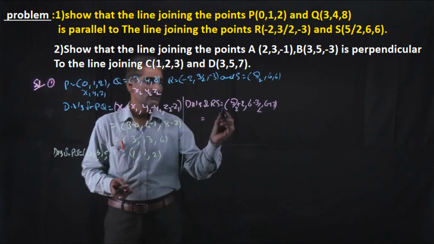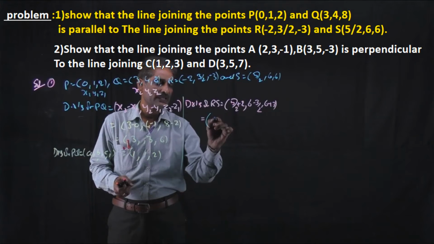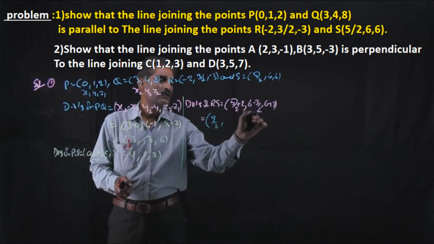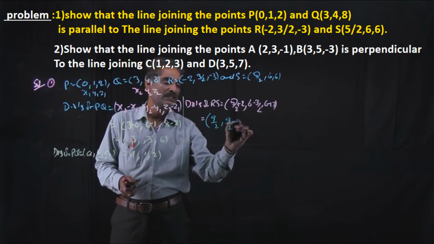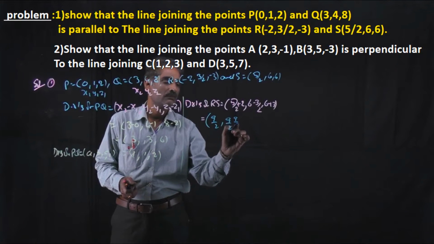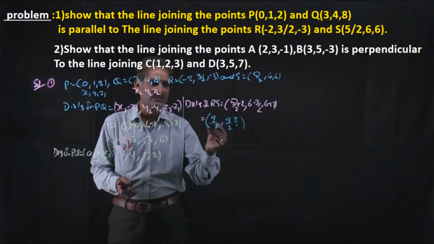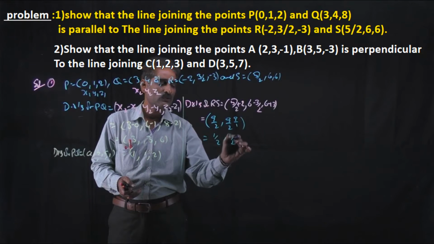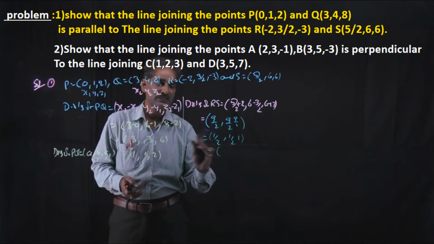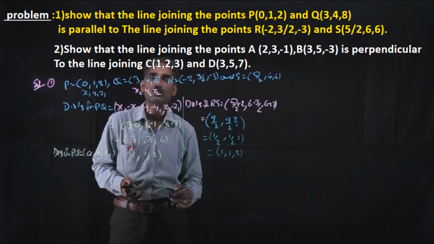So the DRs of RS are 9/2, 9/2, 9. Taking 9 common, we get 1/2, 1/2, 1. Multiplying by 2, we get 1, 1, 2.